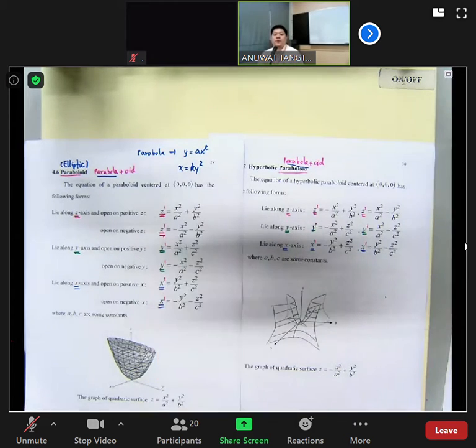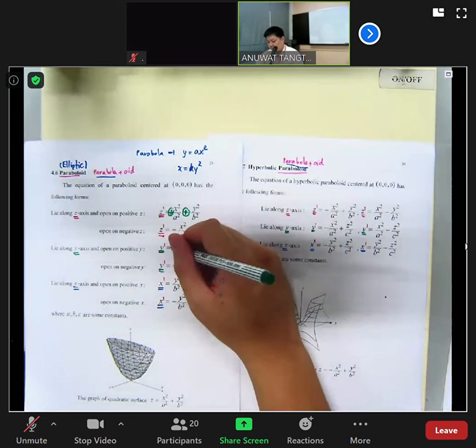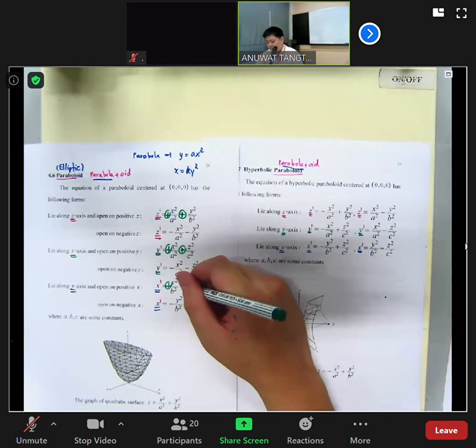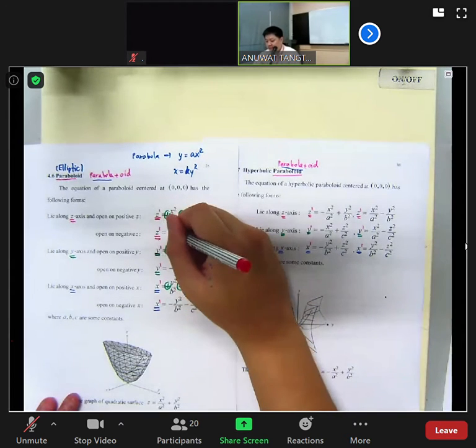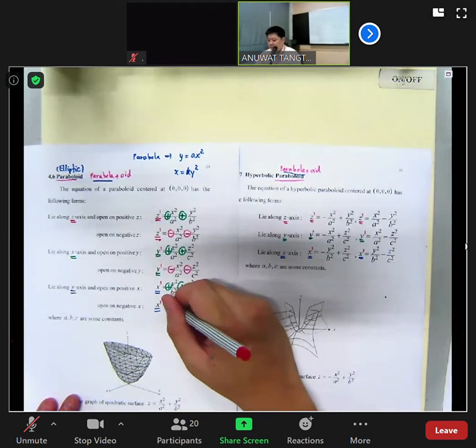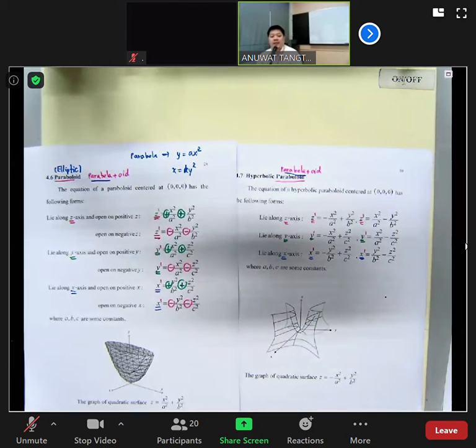If these two square terms have the same sign, either both positive or both negative, then it would be an elliptic paraboloid.